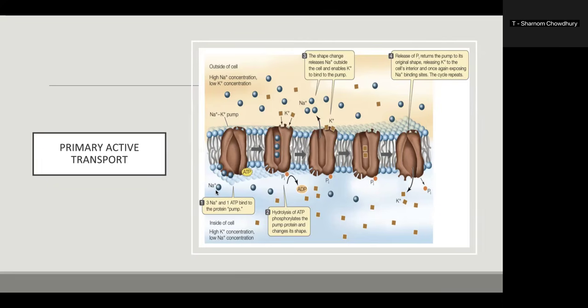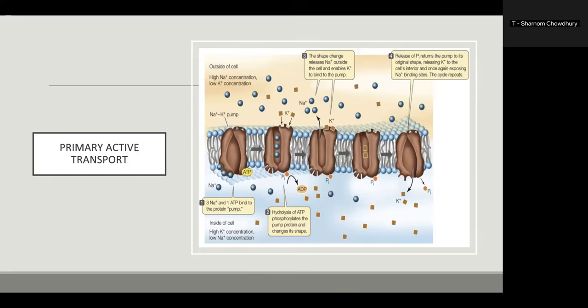As we mentioned, the sodium potassium pump is an antiporter, moving sodium out of the cell and potassium into the cell. Three sodium and ATP bind to the protein pump. Then the ATP gets hydrolyzed. ATP is adenosine triphosphate, which is an adenosine bound to three phosphate molecules.